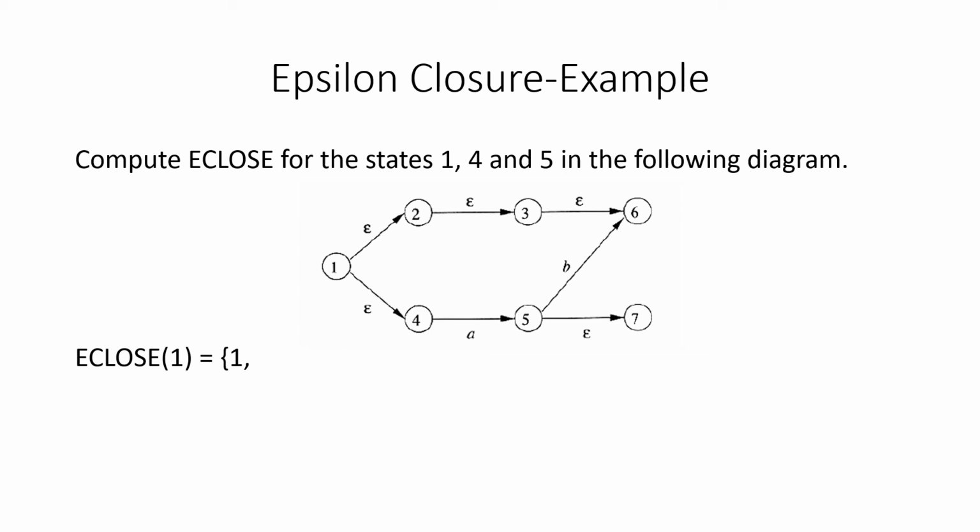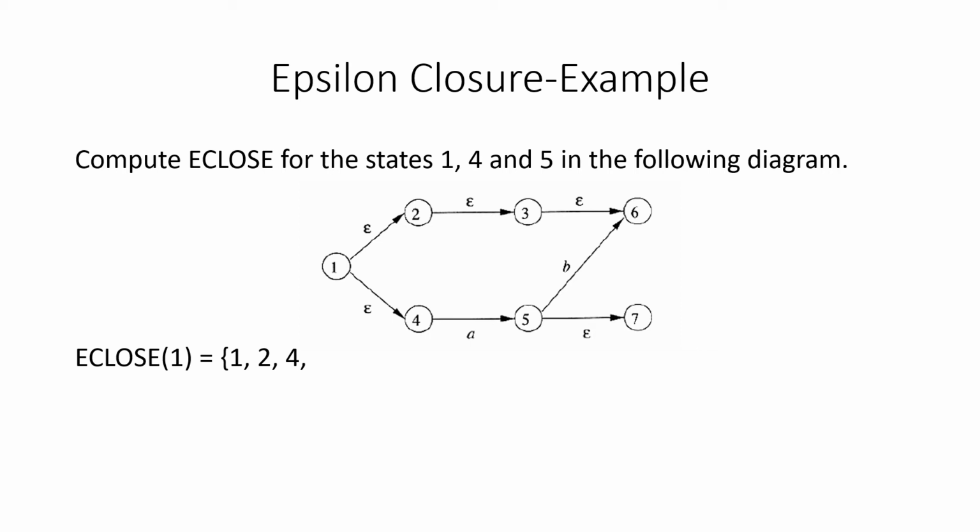Next, from 1, we have to check for transitions on epsilon. From 1 on epsilon, we have transitions to the states 2 and 4. Hence, those two states can be included in our answer.